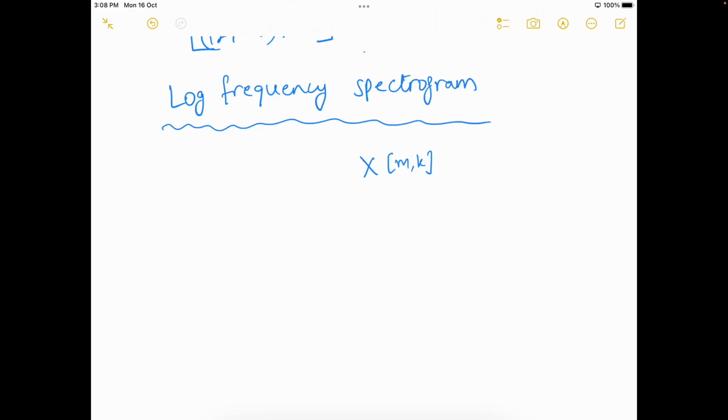How do I change it to a log frequency spectrogram? I have to make the frequency log, not the amplitude. K is the frequency on this linear scale. Now if I map it to P, then this will be P equal to 1, P equal to 2, P equal to 3, P equal to 4, right?